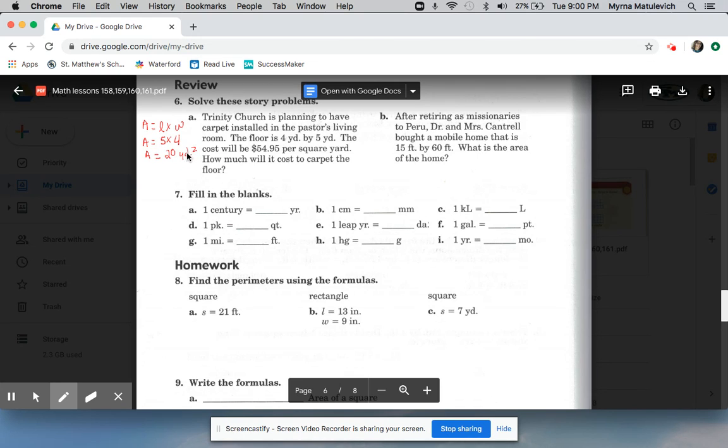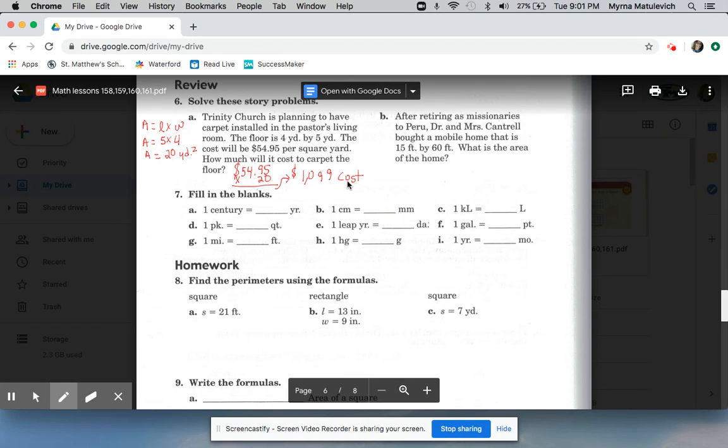And so now I'm going to have to multiply 20 by $54.95 because I know that the floor is $54.95 per square yard, and I know the area of the room is 20 square yards. Sorry, I ran out of room to multiply it all out, but $54.95 times 20 is $1,099.